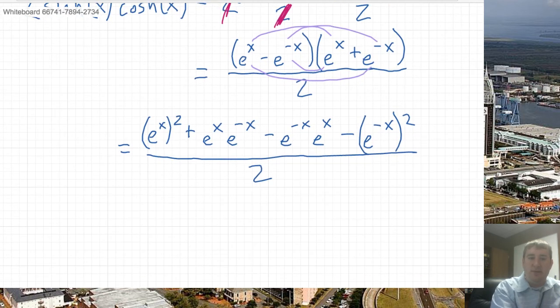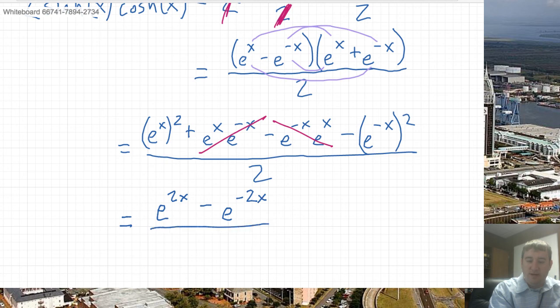And I notice some canceling, which is nice. I cancel e to the x times e to the negative x. Here's the same thing but with a negative, so those cancel each other out. And the other thing I should notice is, what is e to the x all squared? Well, if you have two nested exponents like that, you can just multiply them together. That's e to the 2x minus e to the negative 2x, all divided by 2.